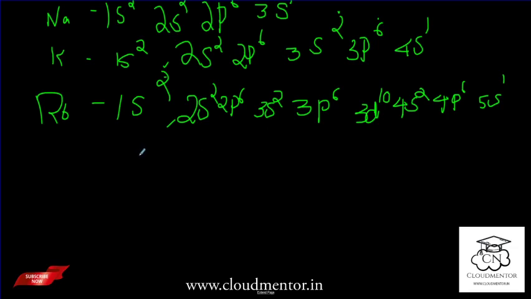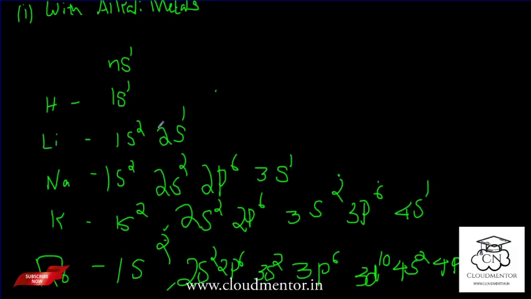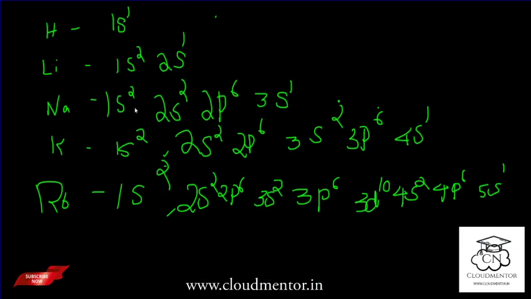And for cesium, it is 1s2 2s2 2p6 3s2 3p6 3d10 4s2 4p6 5s2 5p6 and 6s1. All of them have an outer configuration of ns1, so hydrogen has such a similarity with the alkali metals.